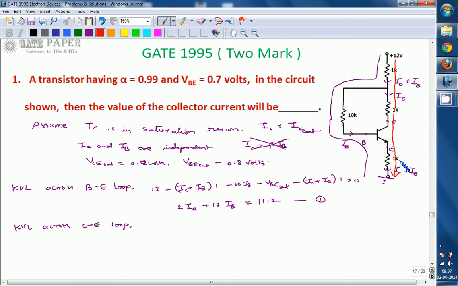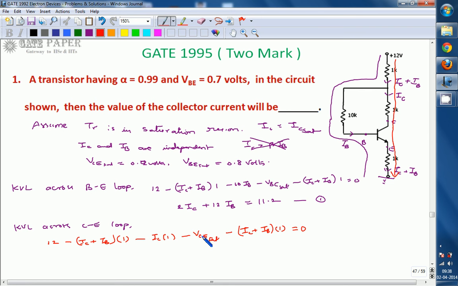So we can write it as 12 minus (IC plus IB) times 1 kilo ohm, minus 1 kilo ohm times IC, since the current flowing through this 1 kilo ohm is only IC, minus VCE saturation, minus 1 kilo ohm times (IC plus IB), because in this 1 kilo ohm the current is IC plus IB, equal to 0.